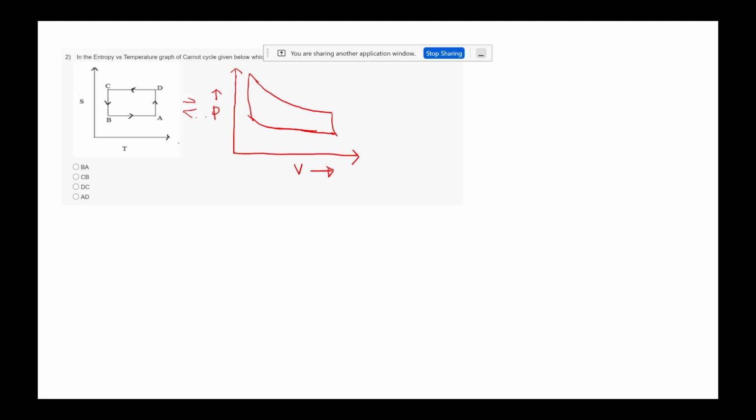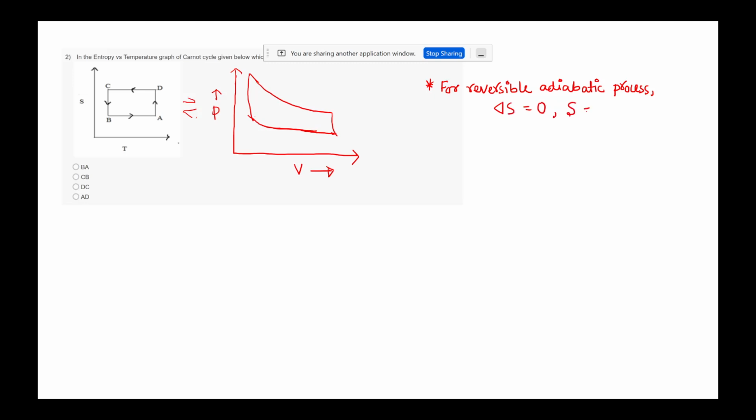So let me write for a reversible adiabatic process, delta S equal to 0.